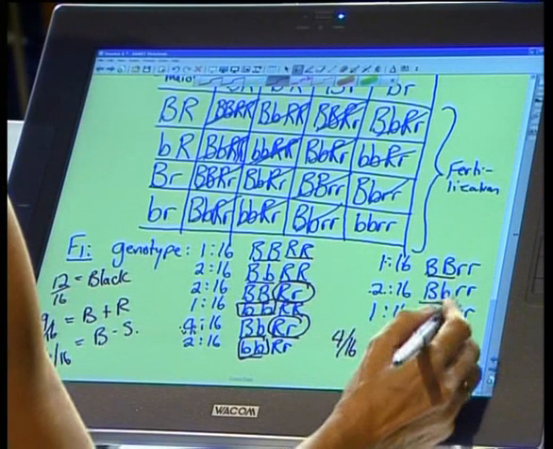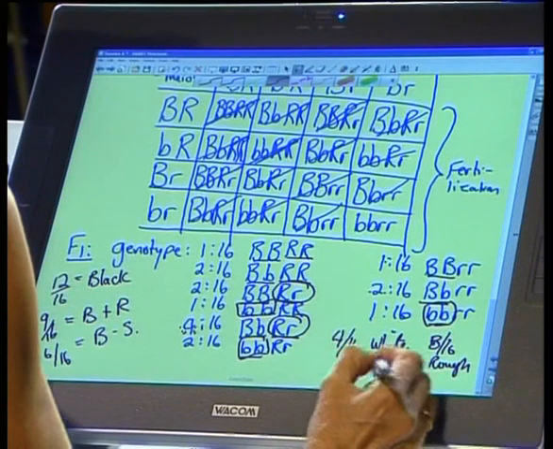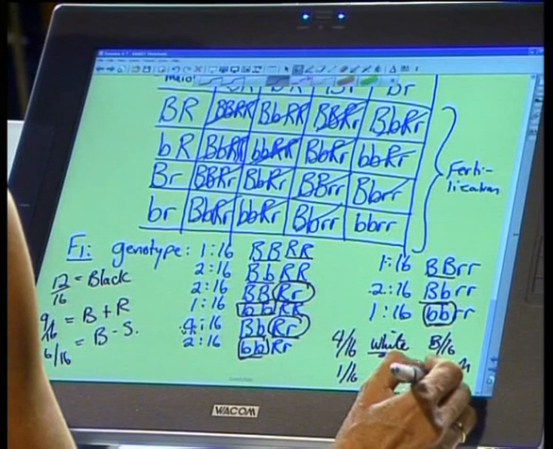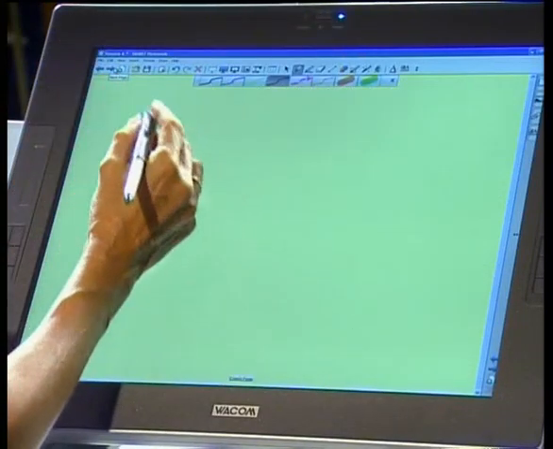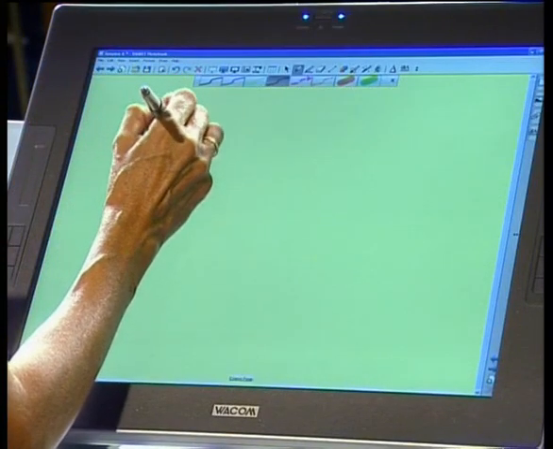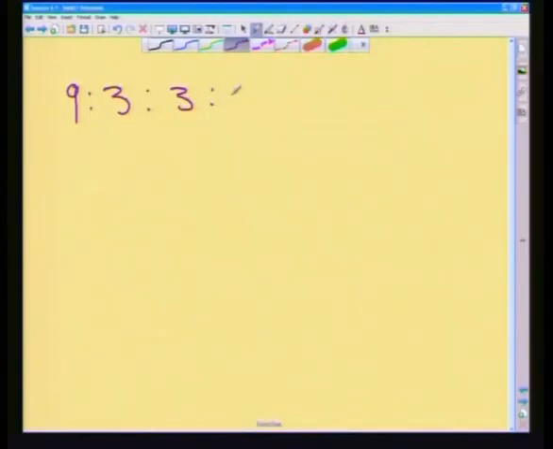And we're going to have only 1 out of 16 with a white coat that is smooth. So when we've added all of that together, our results are going to be a 9 to 3 to 3 to 1 ratio. All right?